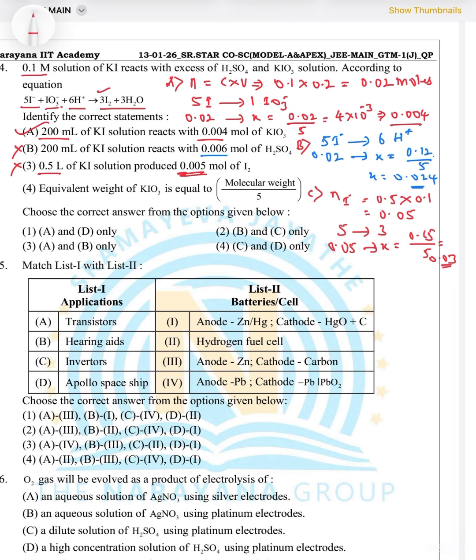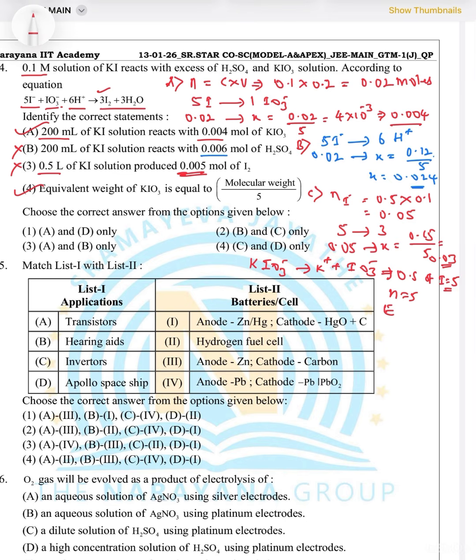Equivalent weight of KIO3 is equal to molecular weight by 5. This is a correct statement. Why? Because KIO3 gives K plus plus IO3 minus. Here the oxidation state of iodine is 5, so the number of electrons involved is also 5.